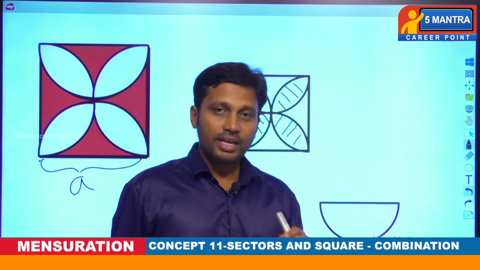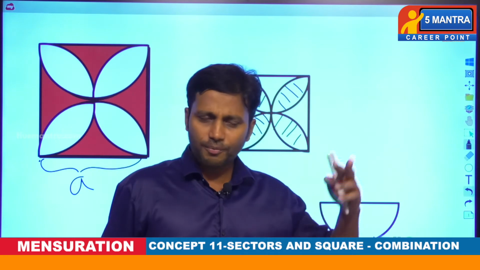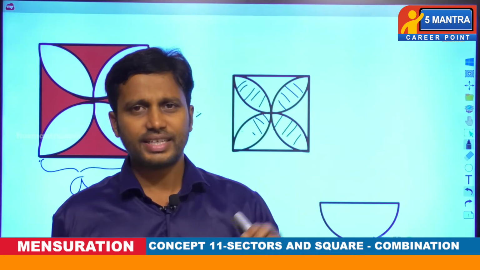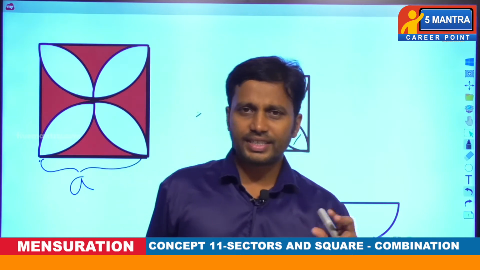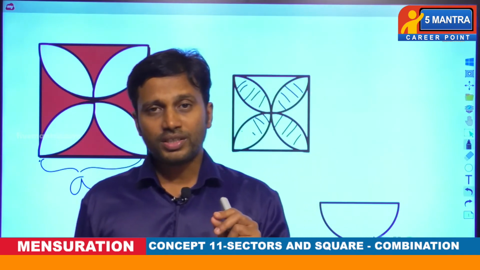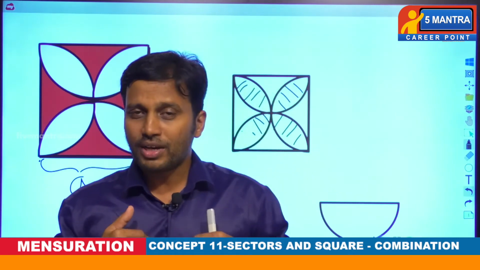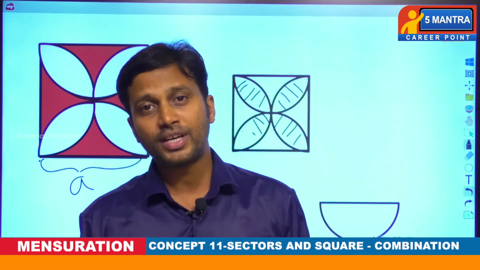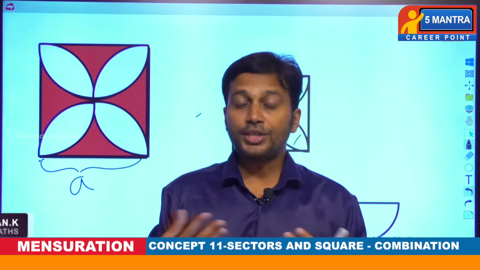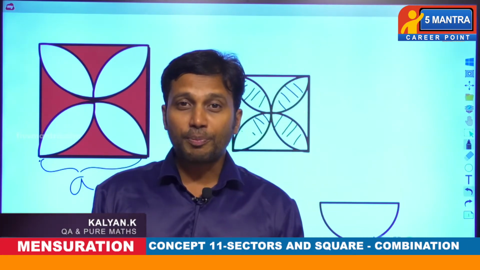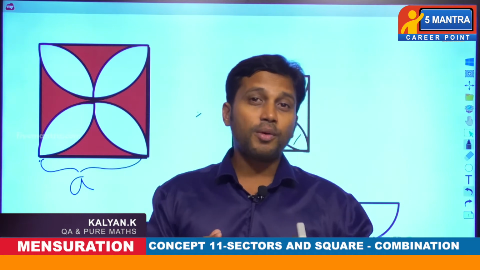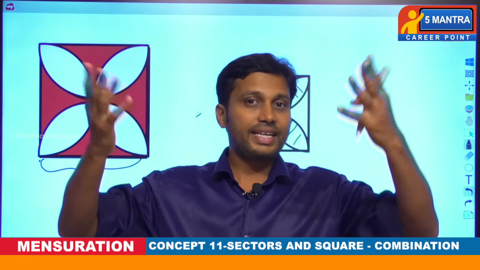Then, from the previous problem, while finding the areas of the shaded region, what we were doing is subtracting the inside figure from the outer figure. Is that right or not? But I'm asking you one question: is it important to subtract the inner figure from the outer figure, or is it important to subtract the area occupying low area from the area occupying high area?